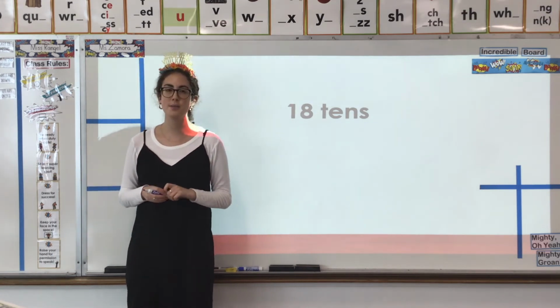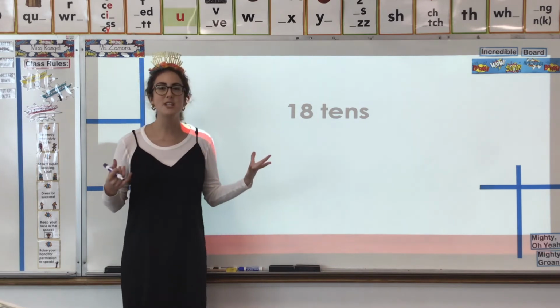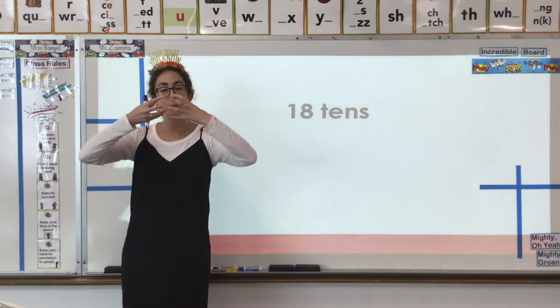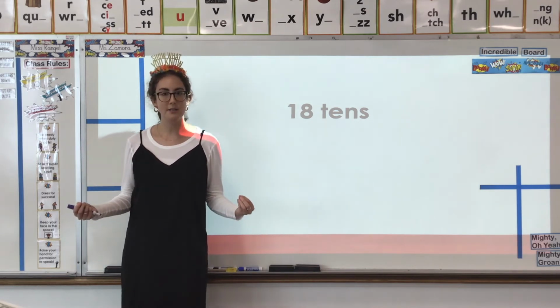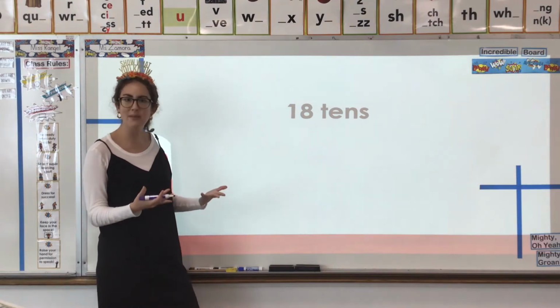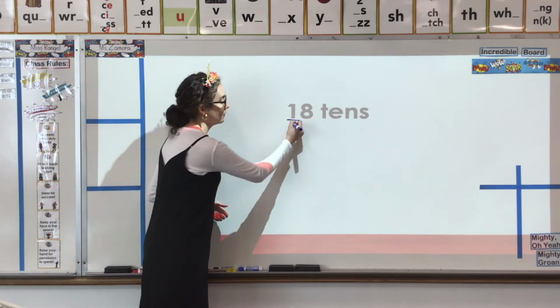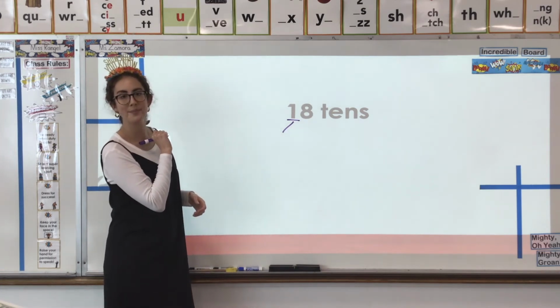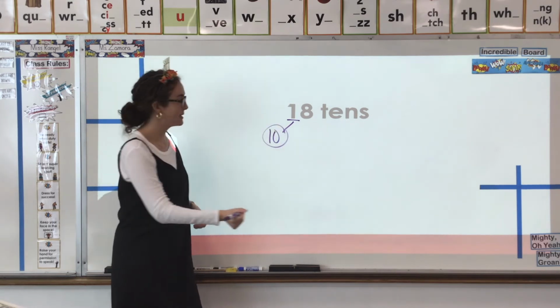Okay, Super Scholars. So in 18 tens, we still want to break this number apart by figuring out the value of each digit. That will get us started. So let's see. It's about the same as last time. The 1, what is the value of the 1? 10 exactly, because it's in the tens place.